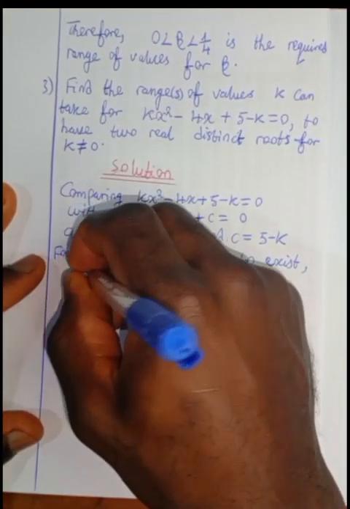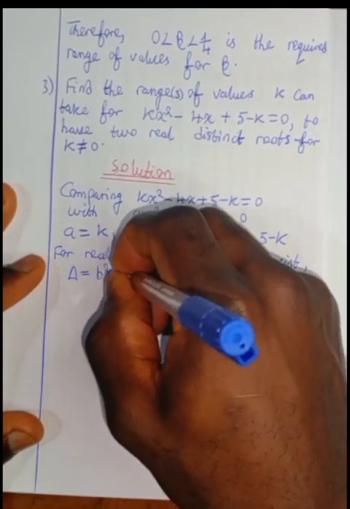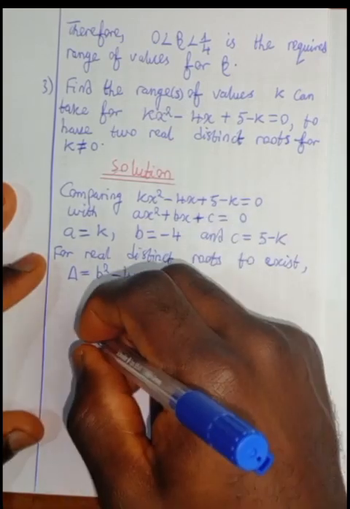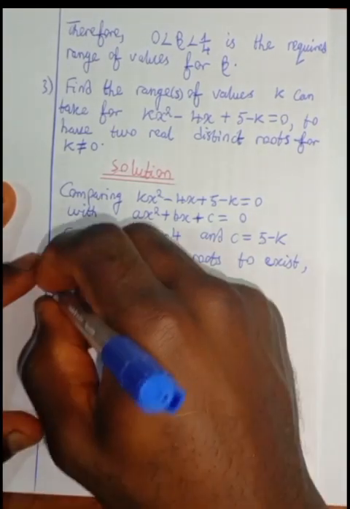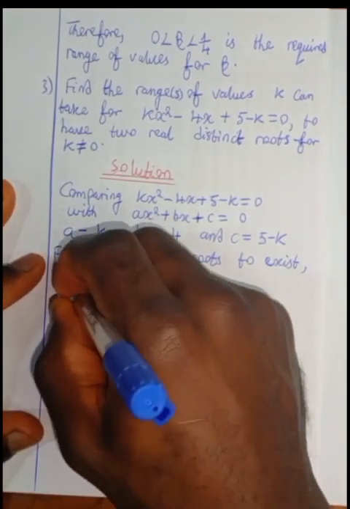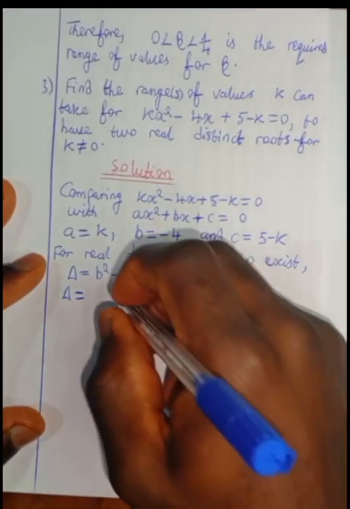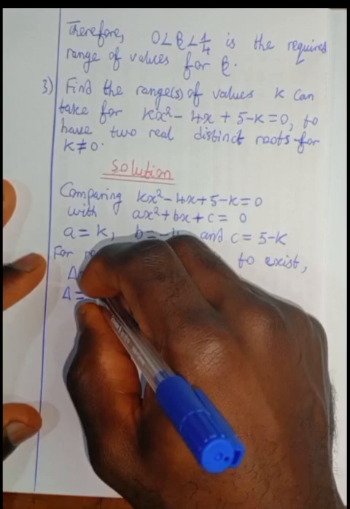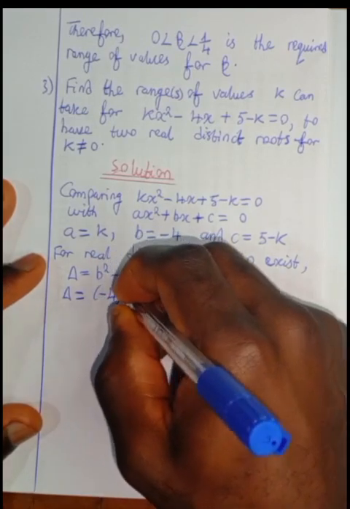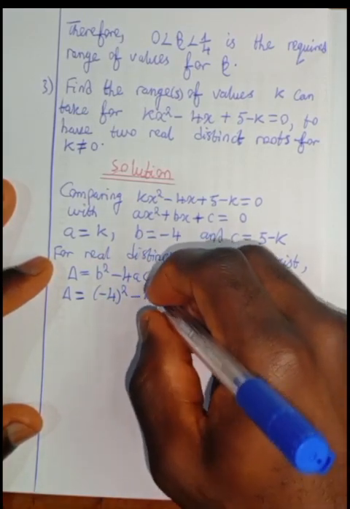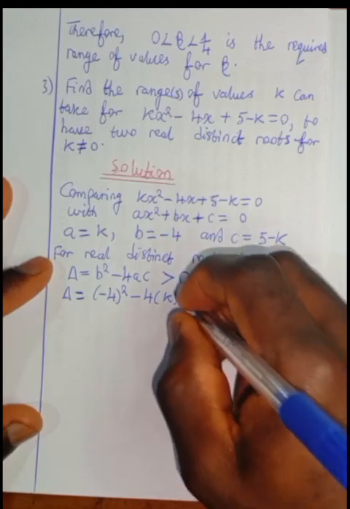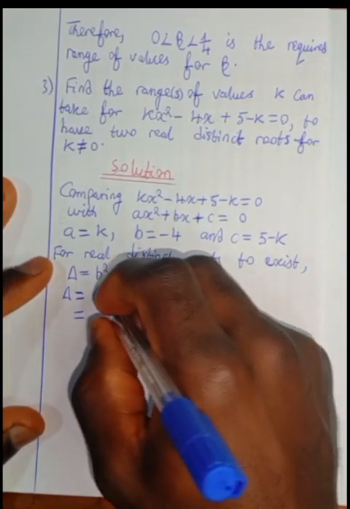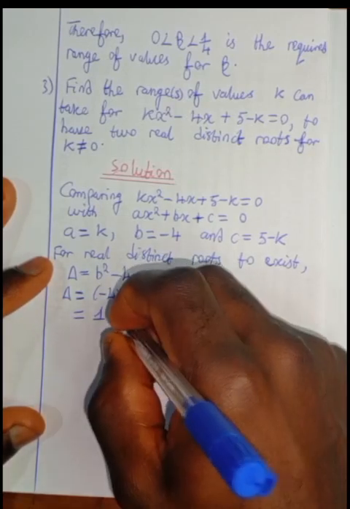Then the discriminant b squared minus 4ac must be greater than 0. We know the discriminant is simply equal to, we are going to insert the values of a, b, c here. This will give us negative 4 squared minus 4 times a, which is k, times c, which is 5 minus k. And this will be equal to negative 4 squared gives us 16.